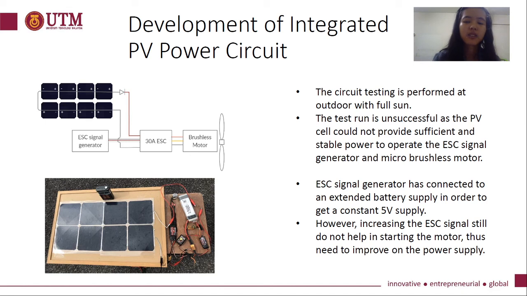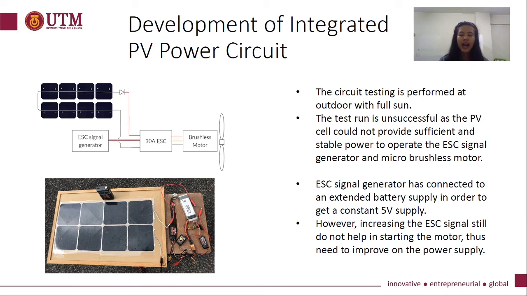Next is the development of the integrated power circuit. I did the testing outdoors in full sun instead of in the solar simulator, hoping for a higher intensity. However, the test run was still unsuccessful because the PV cell could not provide sufficient stable power to operate the ESC signal generator and micro brushless motor.